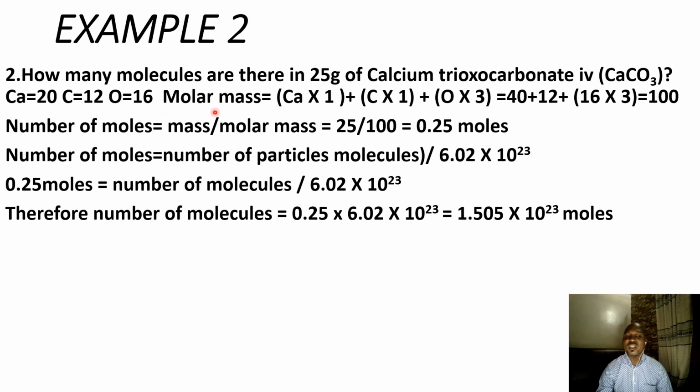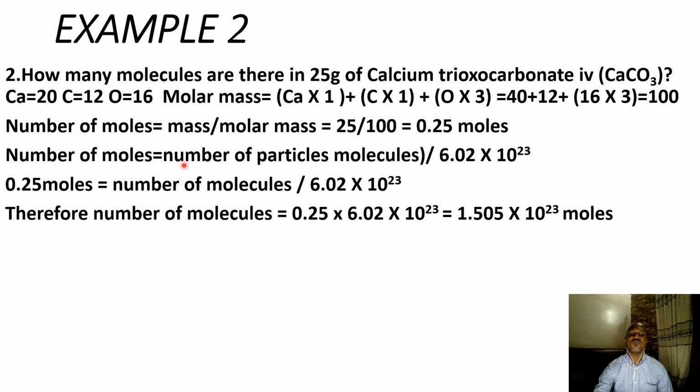So the molar mass is calcium times 1 plus carbon times 1 plus oxygen times 3, meaning 40 for calcium, 12 for carbon, and 16 times 3 for oxygen. If you resolve all of this arithmetically, you get 100.